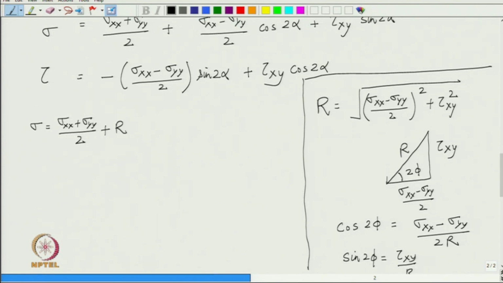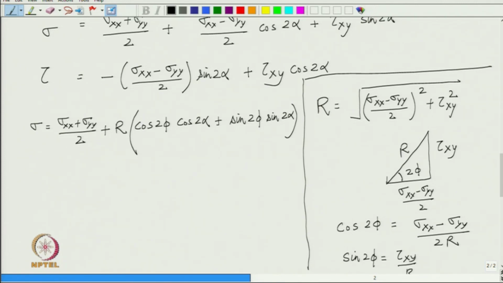So, when you take r as common, you have to divide by r also, and then you see, can we write it as cos 2 phi cos 2 alpha plus sin 2 phi sin 2 alpha, right. You took a r common and then it becomes this.